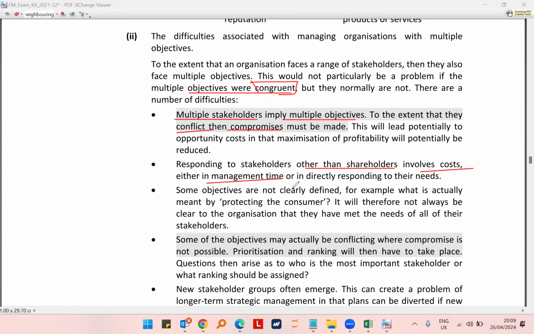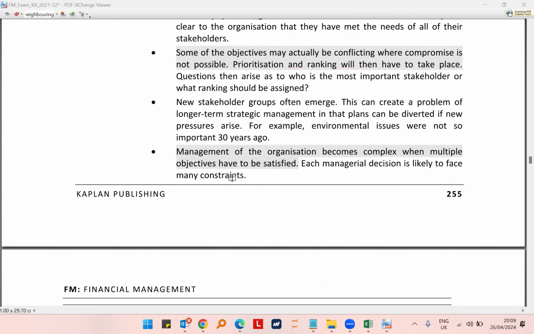Also, some of the objectives are not very clear, so you may have problems satisfying them. Then other objectives will be conflicting and you can't even compromise. That means that you have to prioritize and rank them so that you can choose which ones to handle. So we made such points.